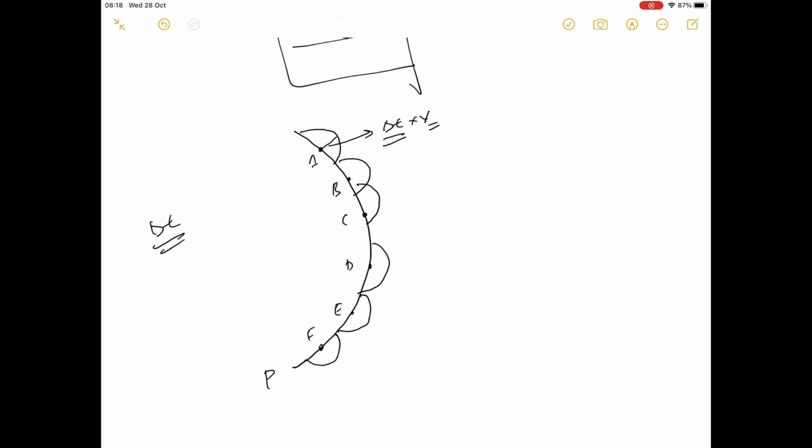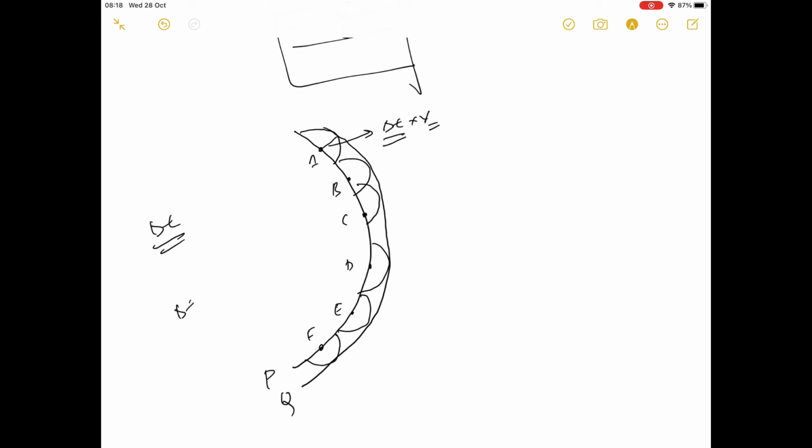So Huygens said the position of the new wavefront after time delta t will be the envelope of all these secondary wavelets. That is, it will be the tangent that passes through all the secondary wavelets. So after time delta t, the new position Q of the wave is given by this one.